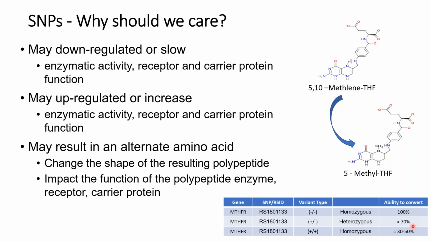With a homozygous plus plus, someone can have an alteration reducing their function to only 30 to 50% of optimal methylation, and we'll see why that's a big deal. So converting this 5,10-methylene tetrahydrofolate to the usable form of folate for proper methylation, the 5-methyl tetrahydrofolate, this can be reduced anywhere from 50 to 70% with a plus plus.